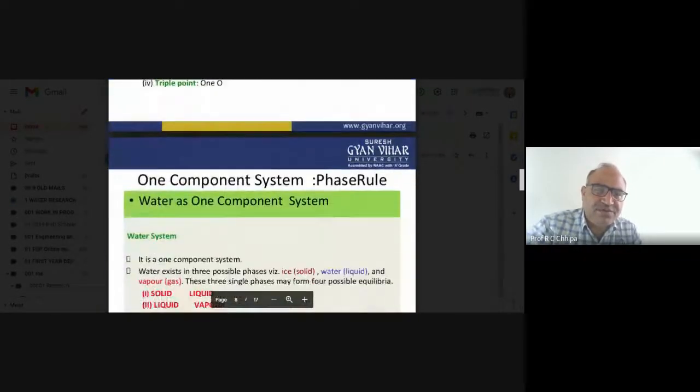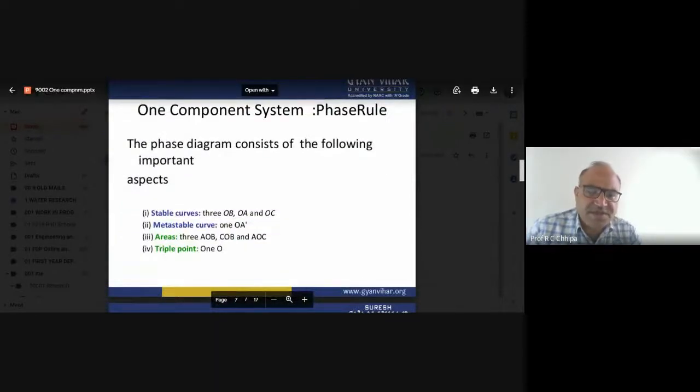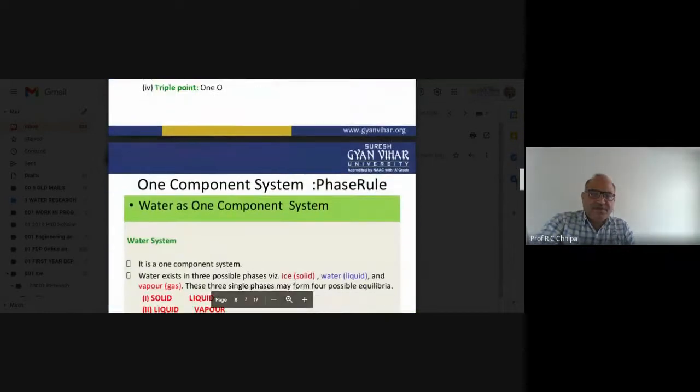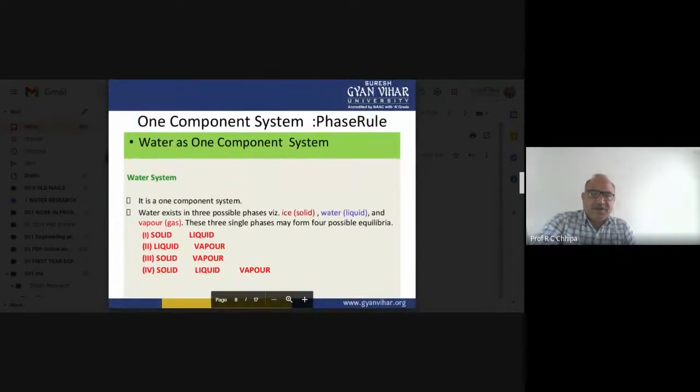So in that phase diagram, the stable curves are OB, OA, OC. Metastable curves are also there, and that is the O dash area, the three areas AOB, COB, and AOC. Those are also present in the area. Then we have to see how many triple points are there? One.